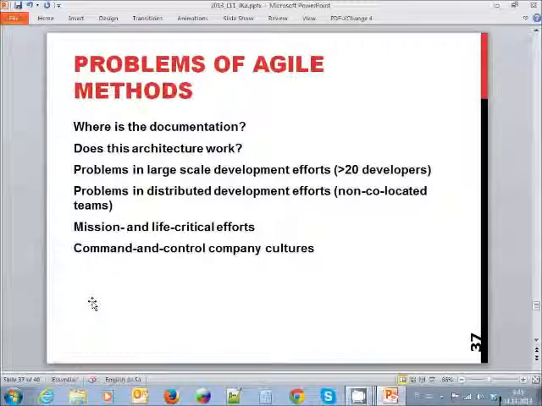Also, if we have more than 15, 20 developers, how do we work at large scale if we expect the main communication and knowledge transfer method to be just asking another developer?